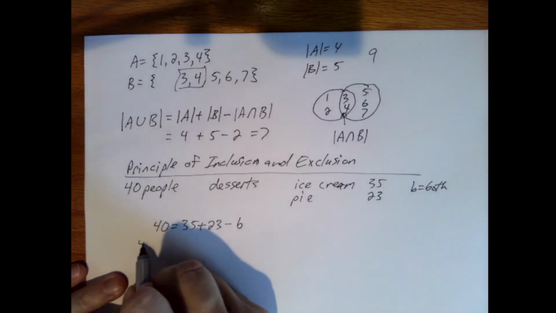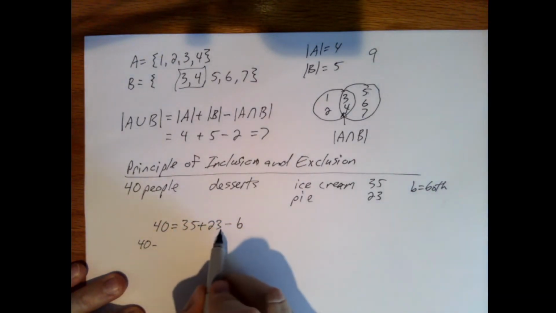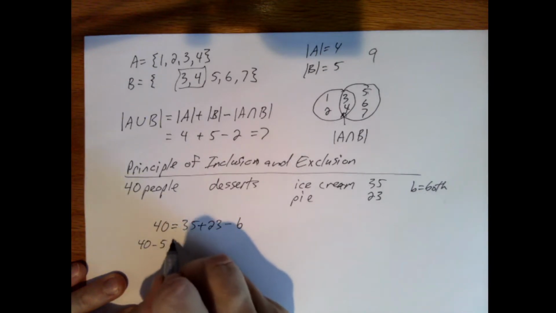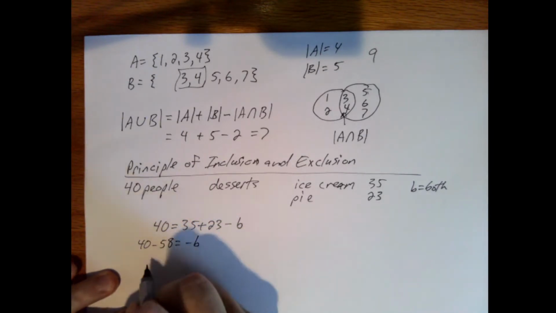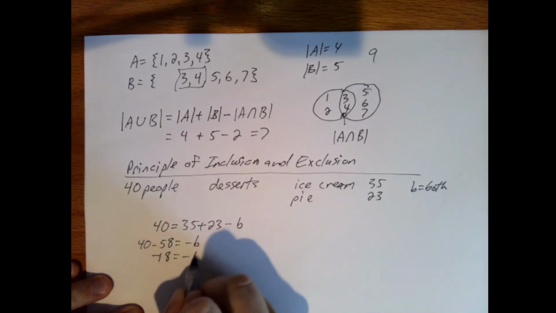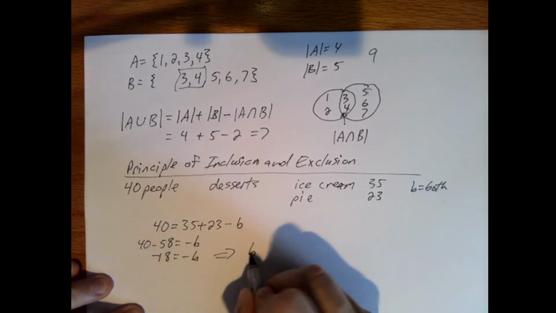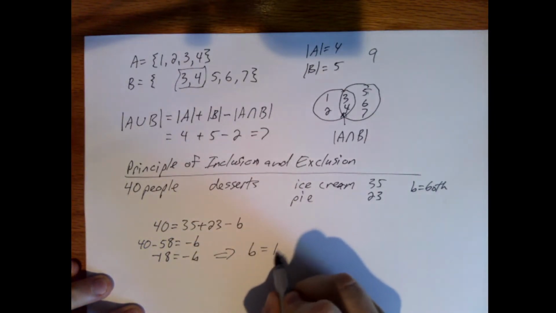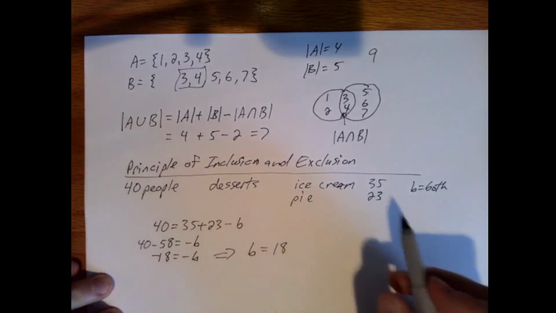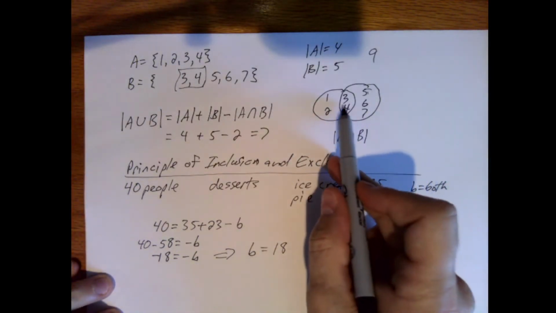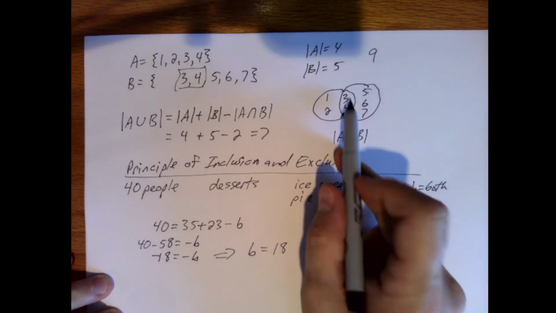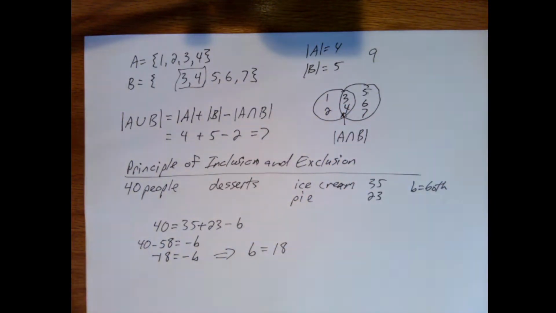This would be 40 minus this right here is 58, which is equal to minus B. So we have minus 18 equals minus B. And we get that B is equal to 18. So 18 of the people are in the intersection. They like both of these.